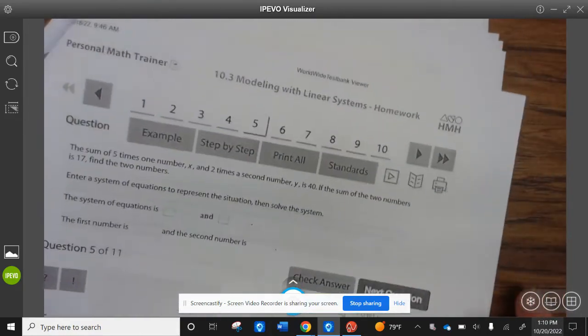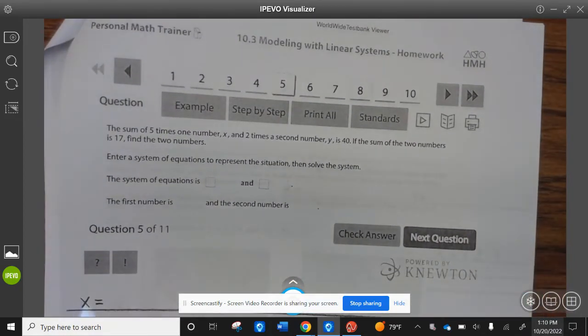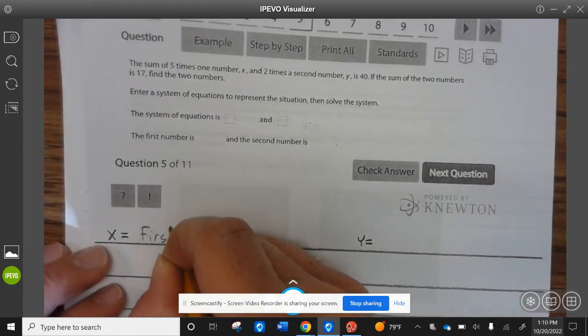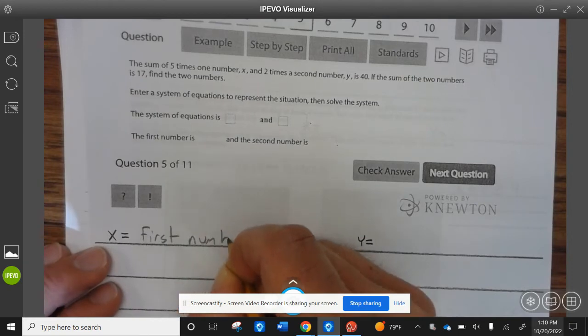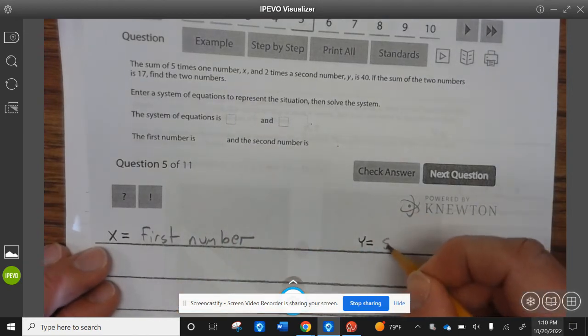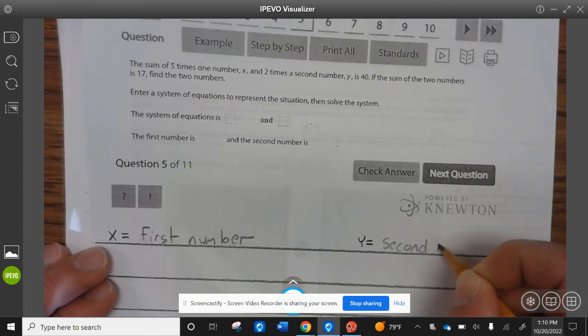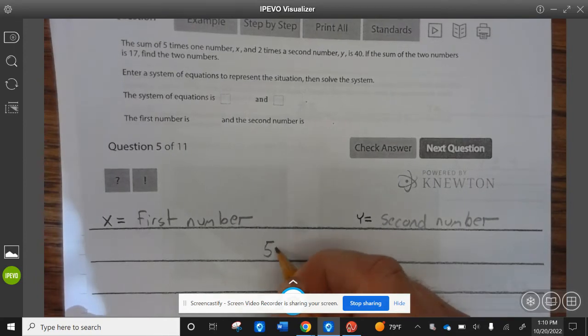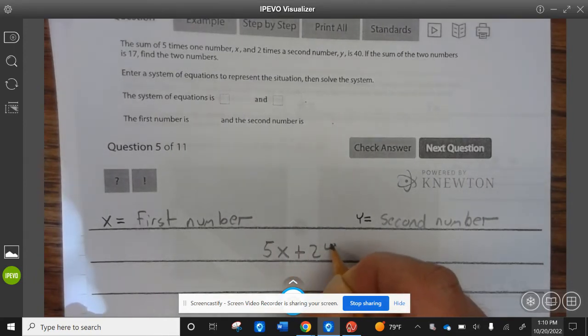All right. The sum of 5 times one number x and 2 times the second number y. So already x is the first number and y is the second number. Okay, so it says 5 times x plus 2 times y.